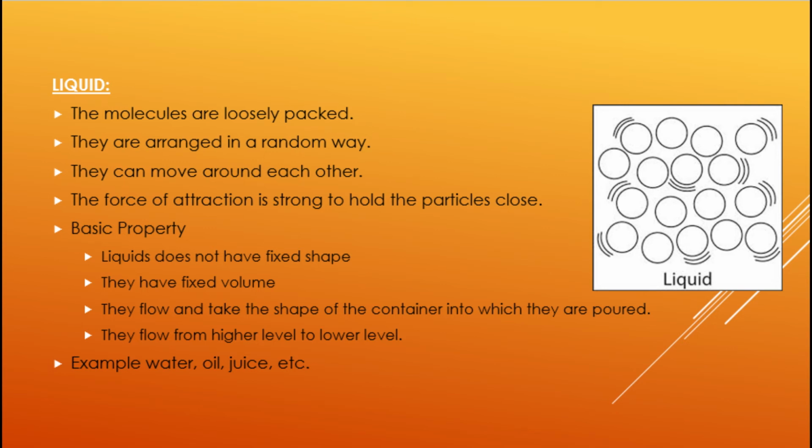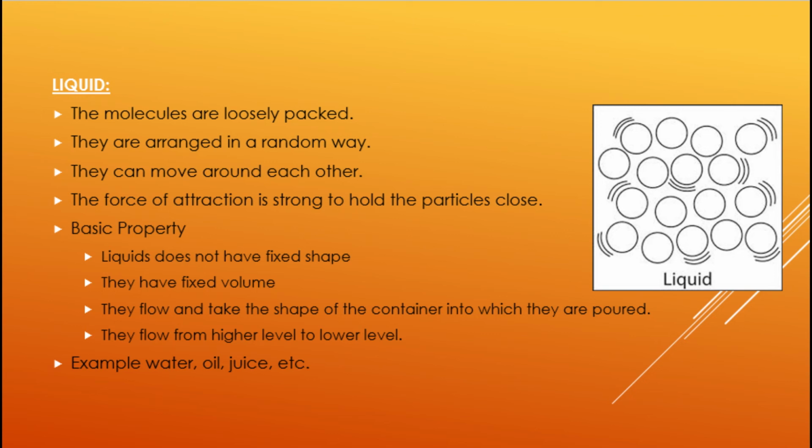In liquid, the molecules are not packed as close together as they are in solid. They can move around freely. This is why liquids can flow. The properties we see in liquids are that the molecules are very loosely packed. They are arranged in a random way. They can move around each other.